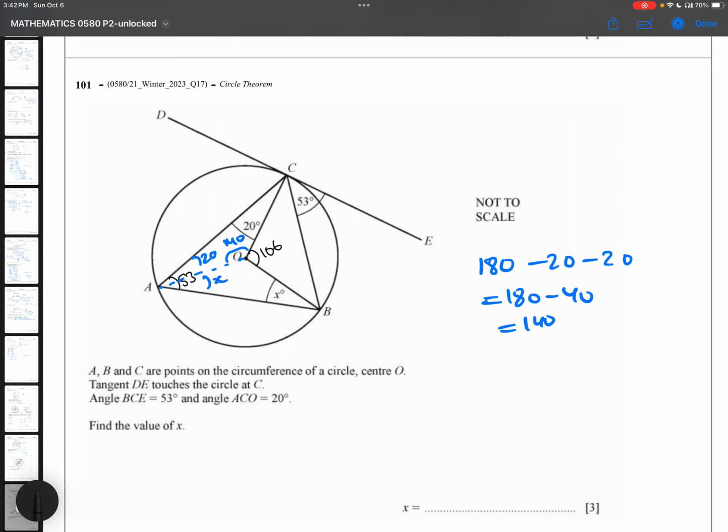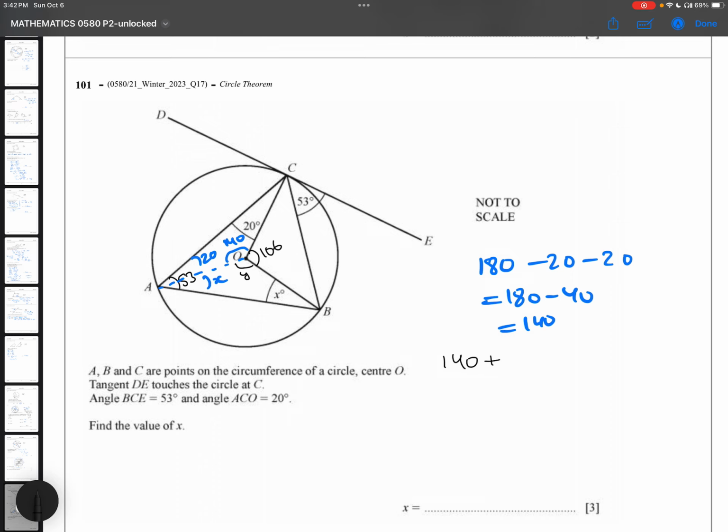So now, in order to get this angle, this one, we can see that 140, 106, and the angle that I will be finding out right now, let's name it Y. These three angles are angles around a point, so their sum will be equal to 360.